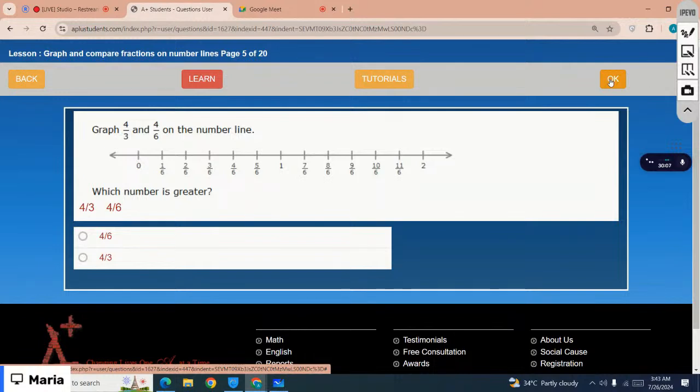The correct option is very good. 4 over 3 is greater, right? Okay, you can complete the lesson by yourself later today.